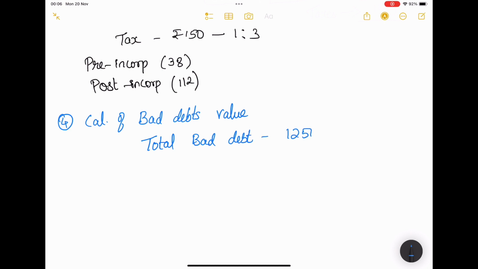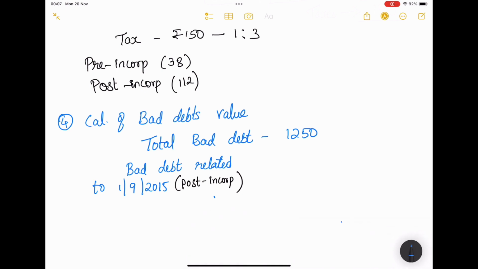So we can mention it as bad debts related to 1/9/2015, which, I'll use a different color, is full and full related to post incorporation. Got it?